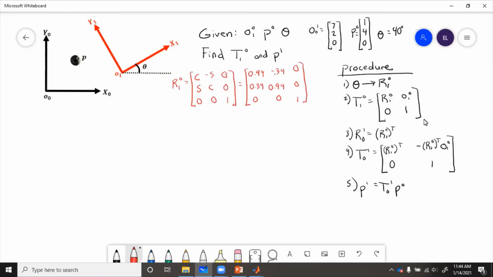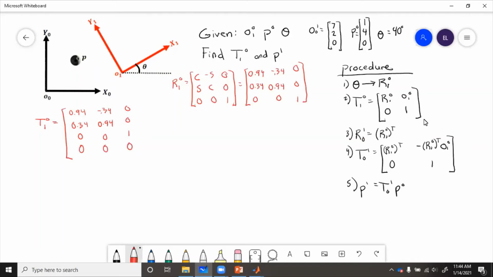Now for the transformation, we just plug in this R and that origin into T. So T10 equals R, so 0.94, 0.34, 0, negative 0.34, 0.94, 0, 0, 0, 1. We got that rotation. Then we need to put in this 0, which is actually 3 zeros.